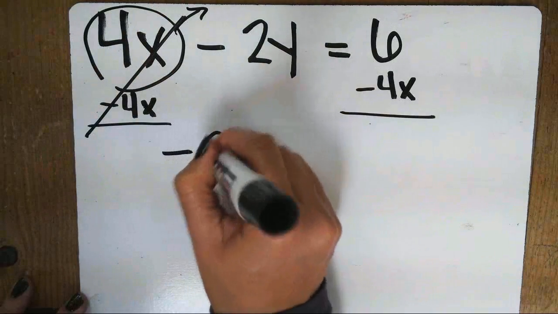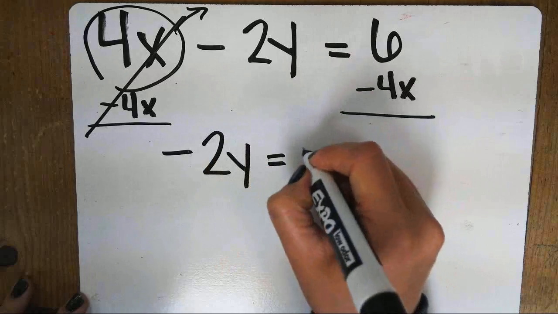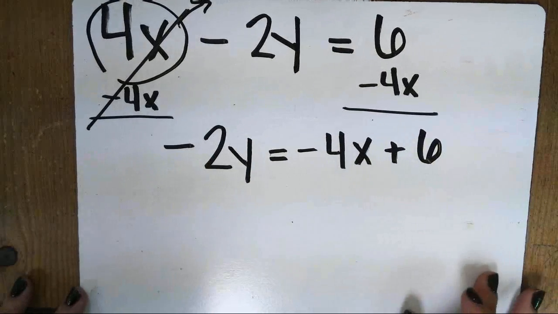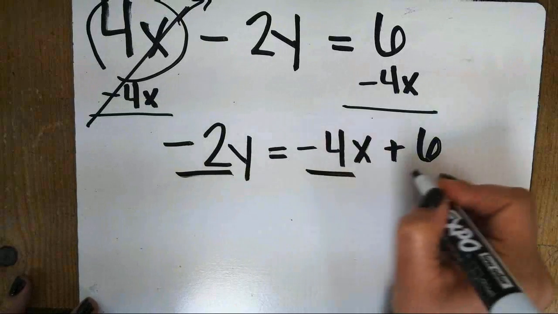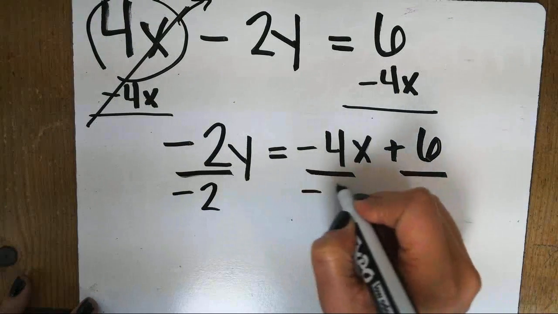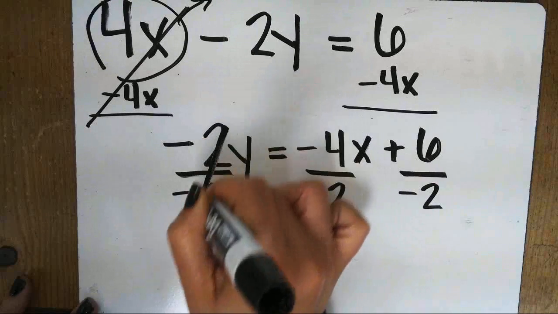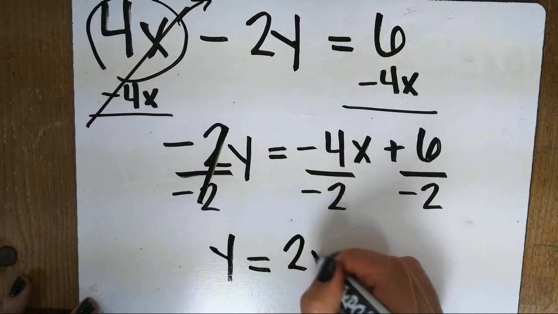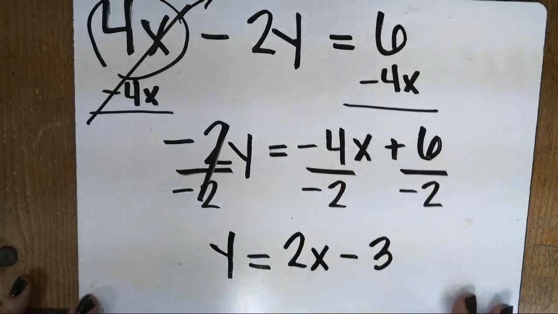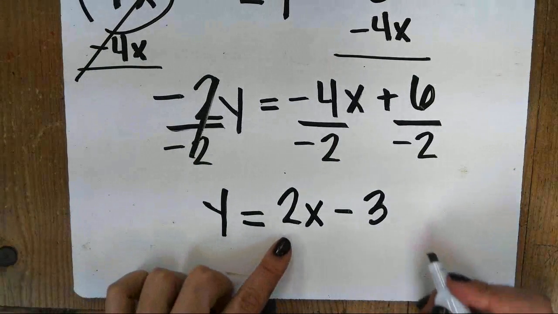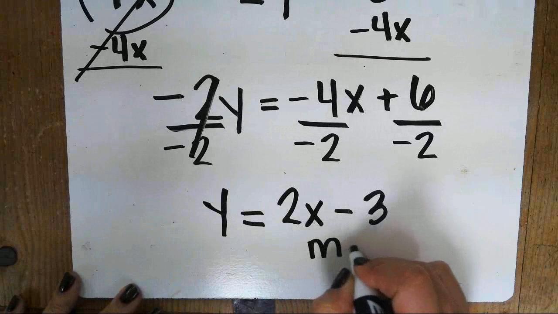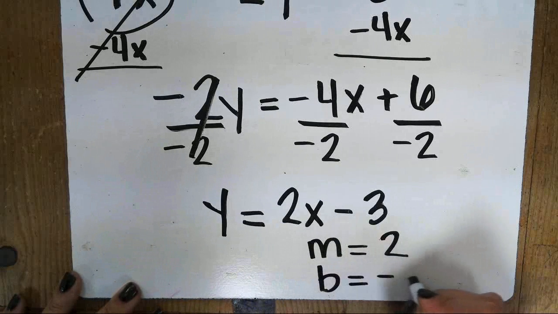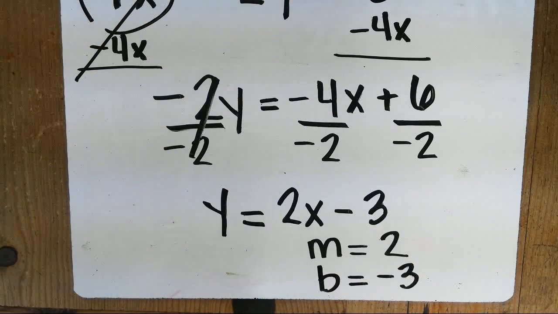I have negative 2y equals negative 4x plus 6. To get my y by itself, I divide everything by negative 2. And so this cancels out, and I have y equals positive 2x minus 3. So my slope is positive 2, and my y-intercept is negative 3.